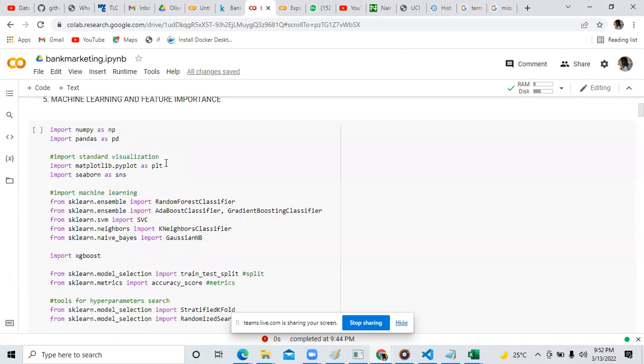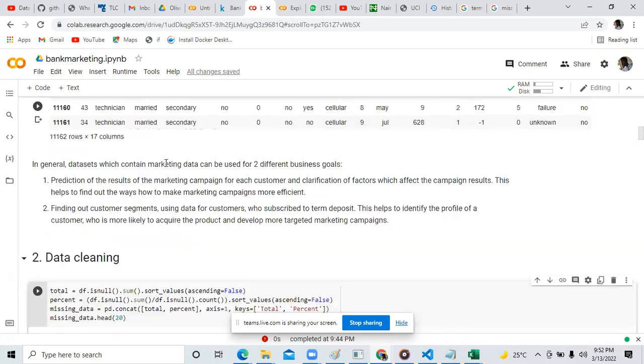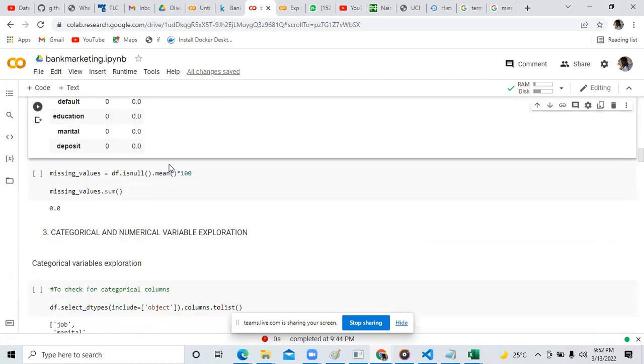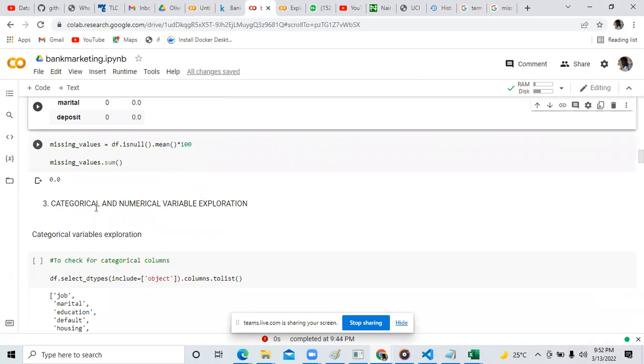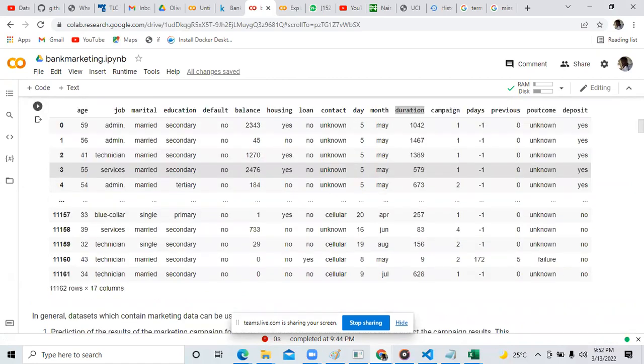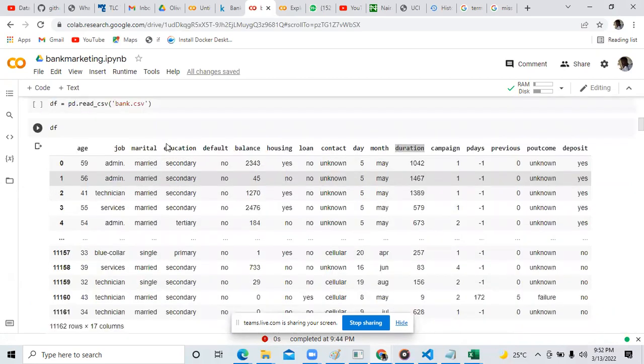So we've done data cleaning. There's more to data cleaning though, but we'll look at more later. I don't want to overwhelm you with a lot of information. So the next thing is categorical and numerical variable exploration. Obviously, if you look at this data set, you know that some features are categorical.